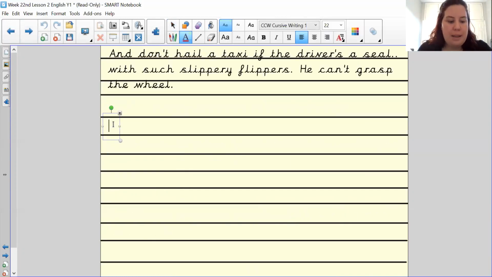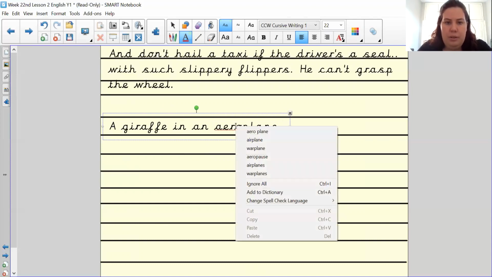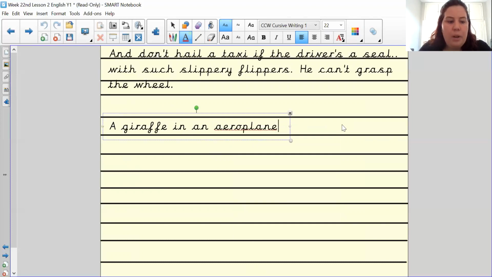I'm going to get my writing. I'm going to begin with my capital letter, A giraffe, and that was one of our words in our vocabulary. So as we've done previously, you might want to go back and have a look. In an aeroplane. Well done. Wouldn't, would, apostrophe t, be right.